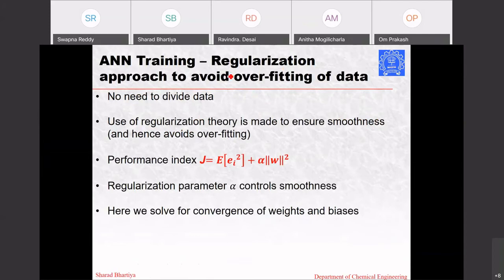So in regularization, we do not divide the data. We don't have this training set, validation set, test set. In fact, what we do is we make use of a regularization theory, which for us, now that we have looked in some detail at statistics, is very straightforward to describe.